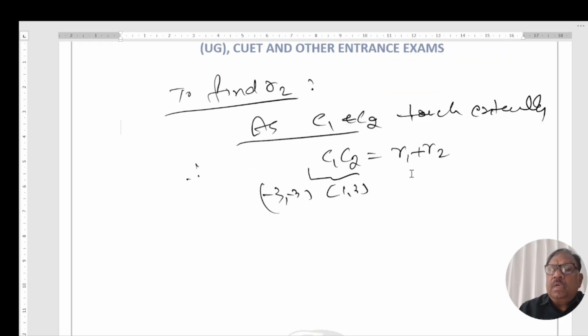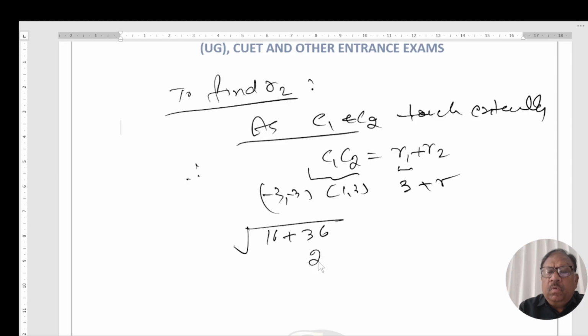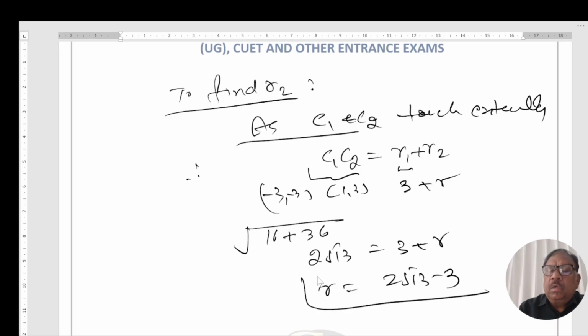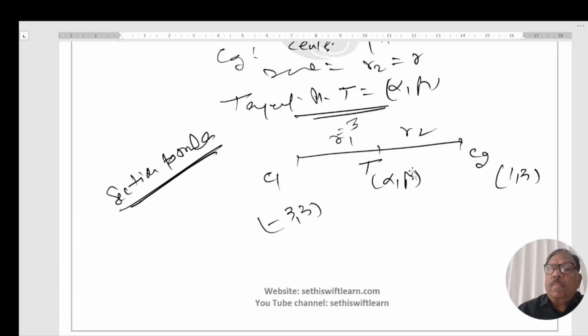The radius sum is 3 plus R. So this comes out to be √(16 plus 36) = √52 = 2√13, equal to 3 plus R. So R comes out to be 2√13 minus 3.